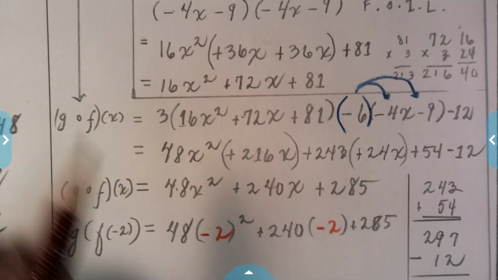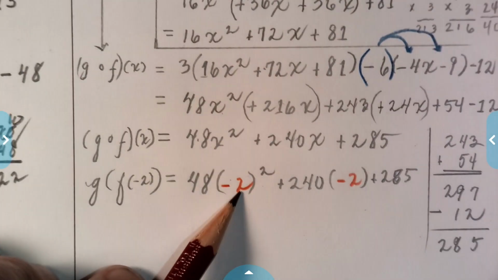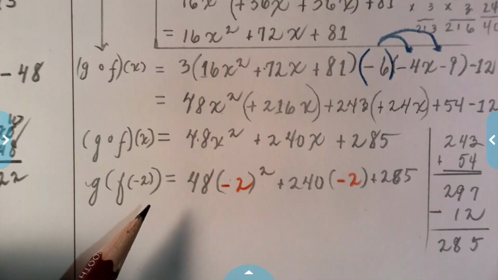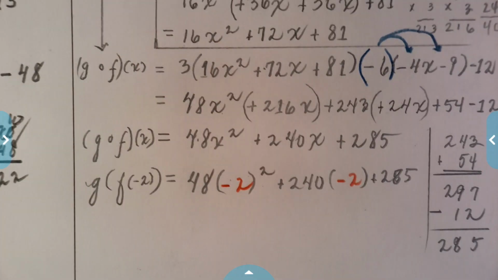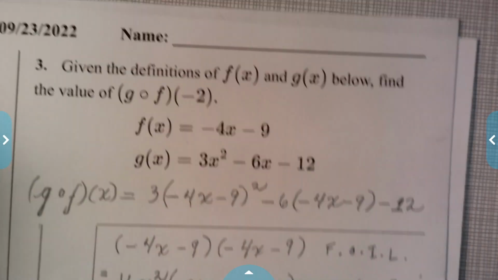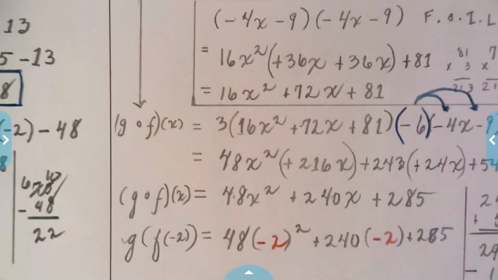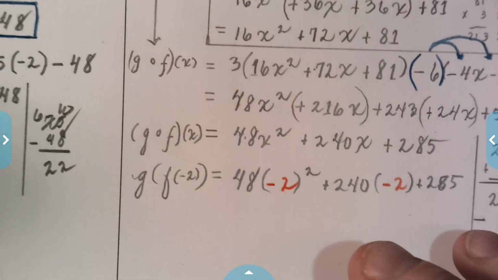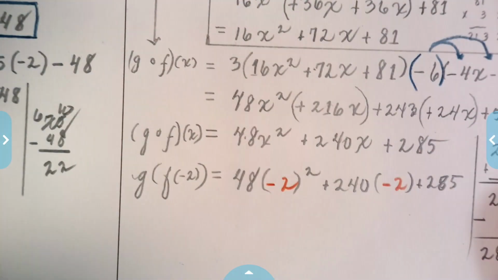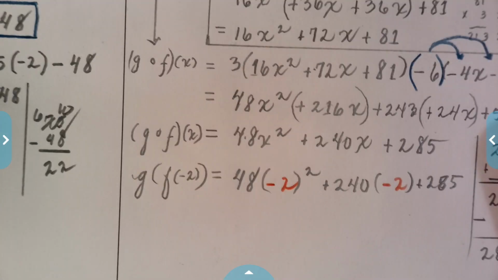Well, you're looking here, I've got -2 squared, that's 4. And so I need 48 times 4. As you can kind of do it in your head, 40 times 4 is 160. 8 times 4 is 32. So it's like 192.